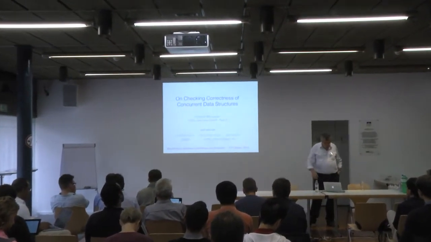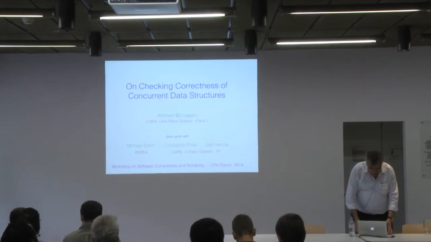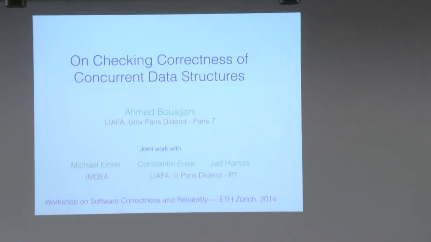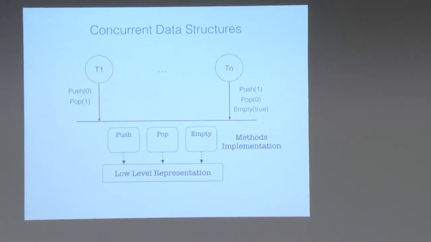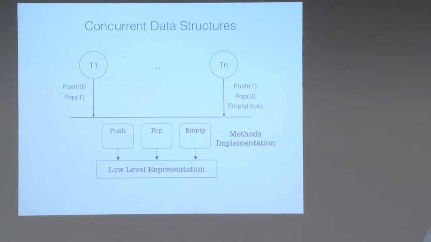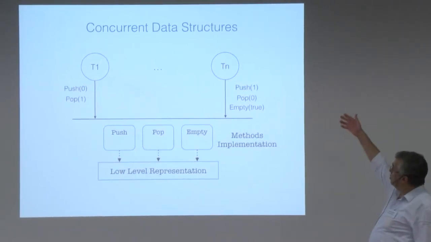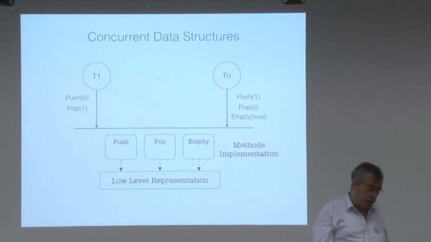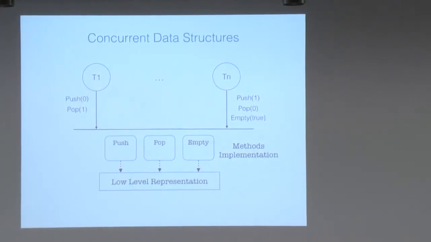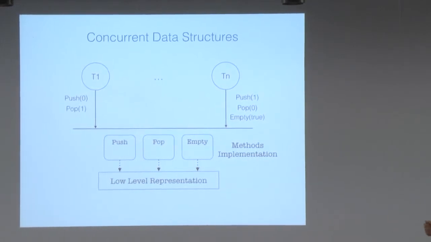So I'm going to present you some work which is actually relatively recent. It's about the problem of verifying the correctness of libraries of concurrent objects, concurrent data structures. So what's the problem? For instance, when you use concurrent data structures, you have a number of clients, like here, T1, Tn, for instance, they use, in this example, a stack where you do operations like push and pop, and you want to check whether the structure is empty.